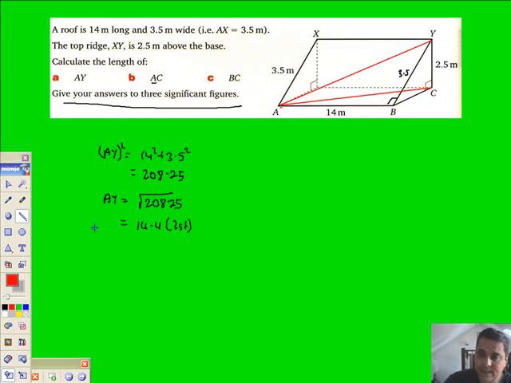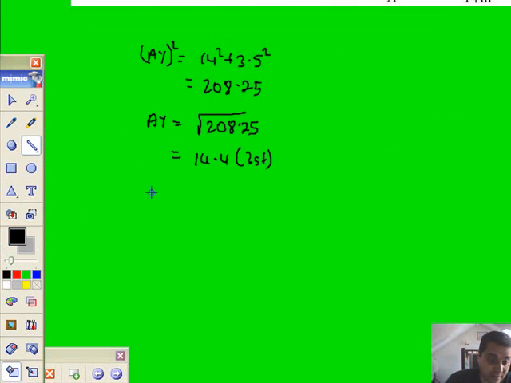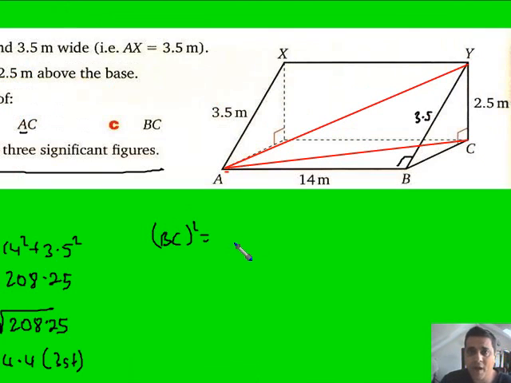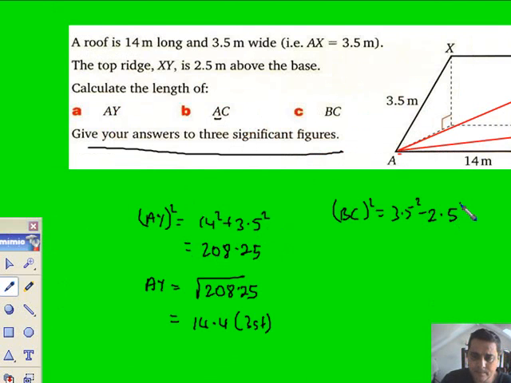Alright, so let's just do that first. Got to do it first. So BC squared is going to be the hypotenuse squared, 3.5, minus the 2.5 squared, of course. Just do that quickly.